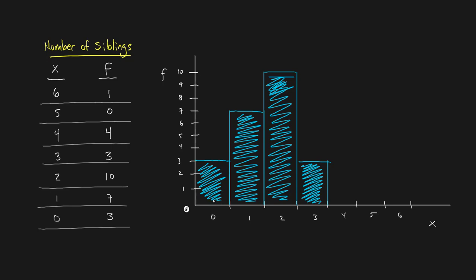I'm making sure that I put all of my bars right next to each other, and I'm just reading the frequencies right off of the table. So once you have the table, the histogram is a very straightforward process. Okay, so for 4, there are 4. And for 5, there's nothing. And for 6, there is 1.